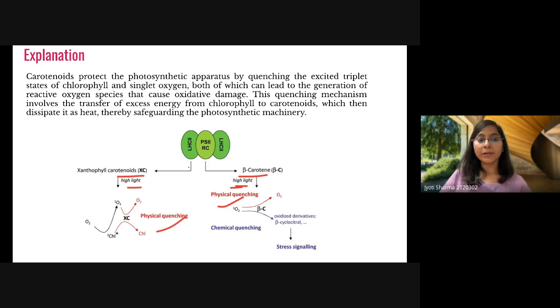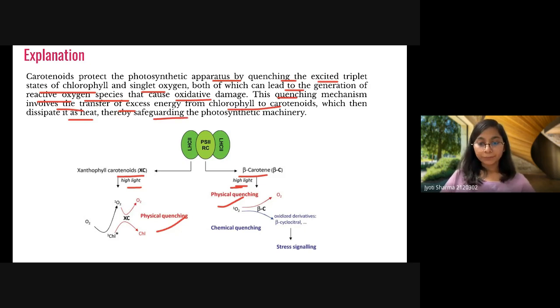Carotenoid protects the photosynthetic apparatus by quenching the excited triplet state of chlorophyll and singlet oxygen, both of which can lead to the generation of reactive oxygen species that can cause the oxidative damage. And this quenching mechanism will involve the transfer of excessive energy from chlorophyll to carotenoid, which then dissipates it as heat. Thereby, this is safeguarding the photosynthetic machinery.